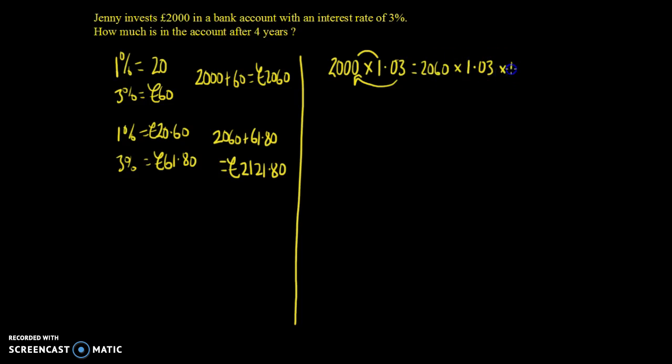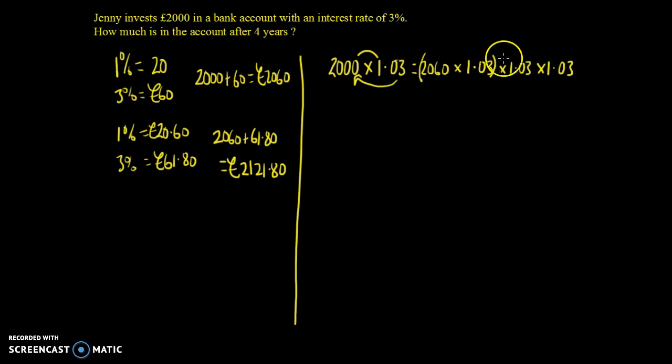End of the third year. We're going to multiply this amount by, again, 1.03, 1 for the original amount, and 0.03 for the additional 3%. And for the fourth year, again, multiply by 1.03.